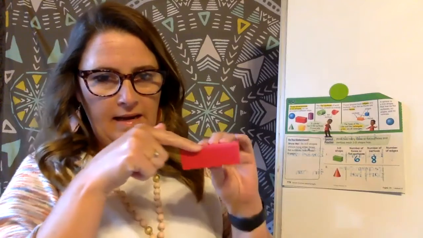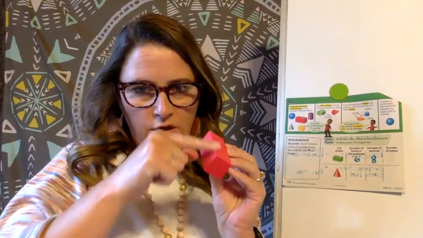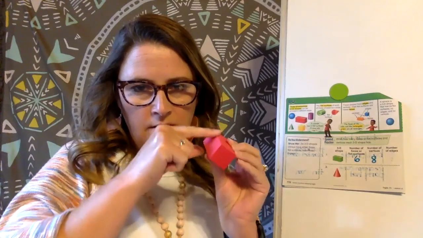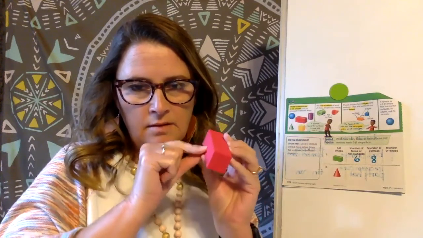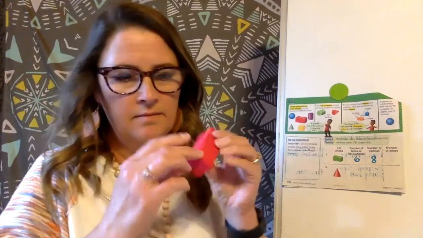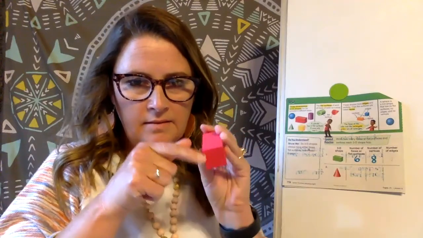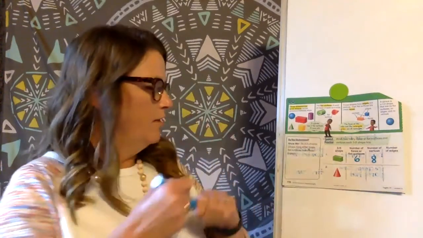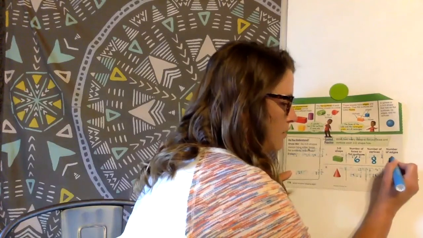So we've got 1, let's see if I do it this way, maybe you can see, 1 edge, 2 edges, 3 edges, 4 edges, 5, 6, 7, 8, 9, 10, 11, 12. Okay, so under number of edges, I'm going to put 12.